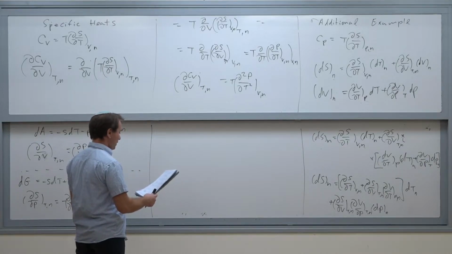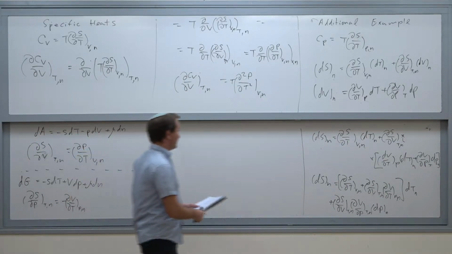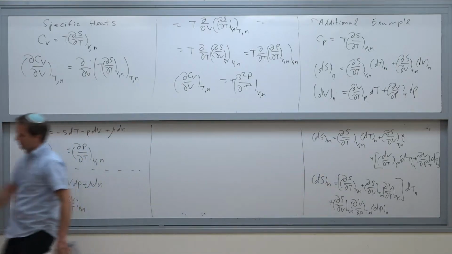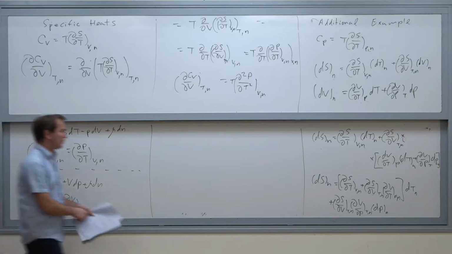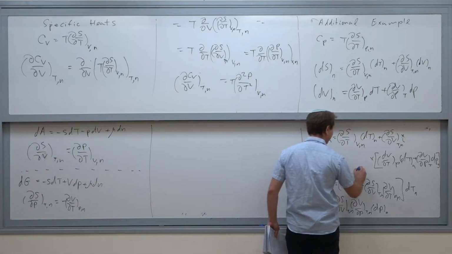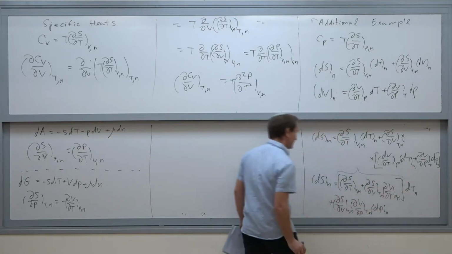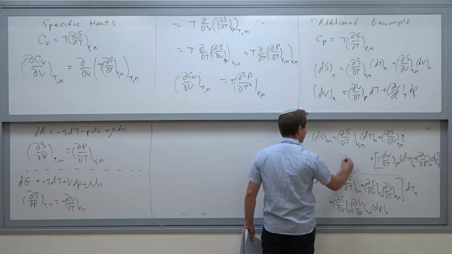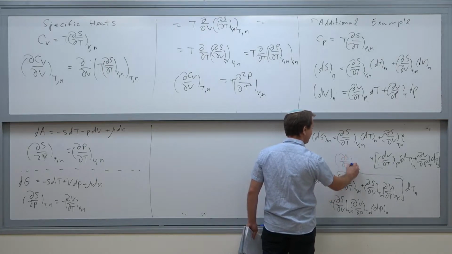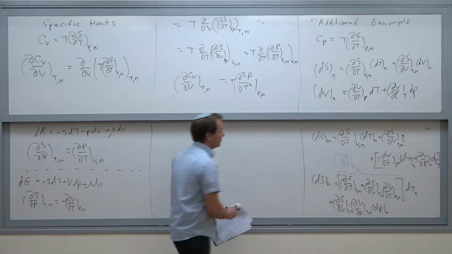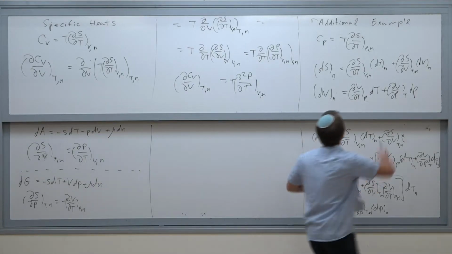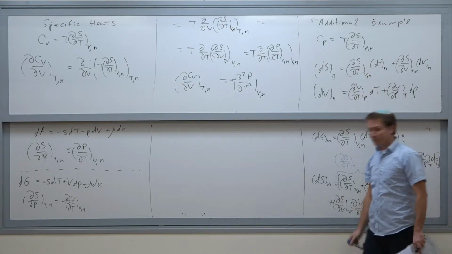Okay, so what we are getting here, this guy over here is simply ds dt with constant p, right? And this is what we were hoping to achieve from this relation.